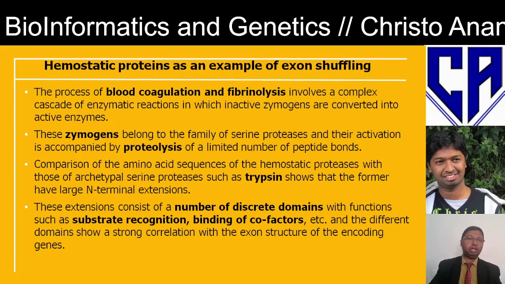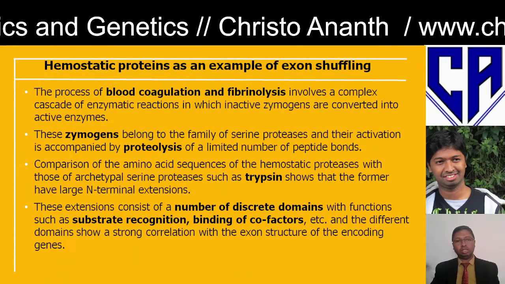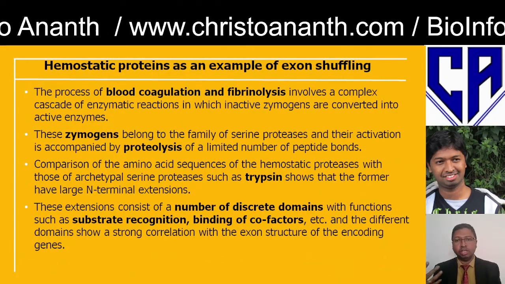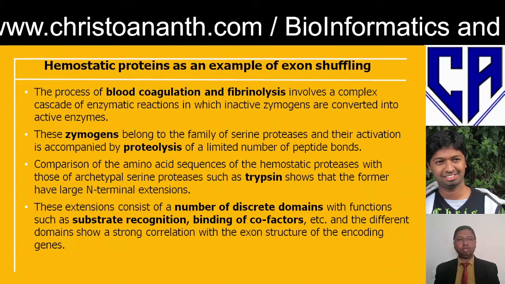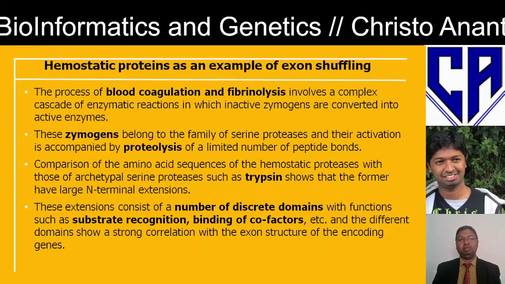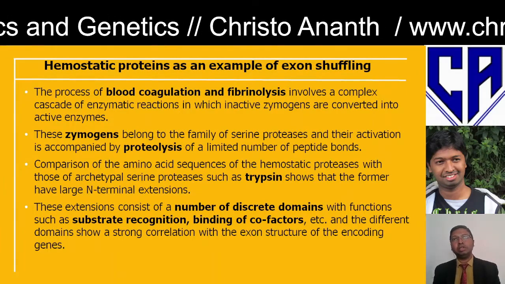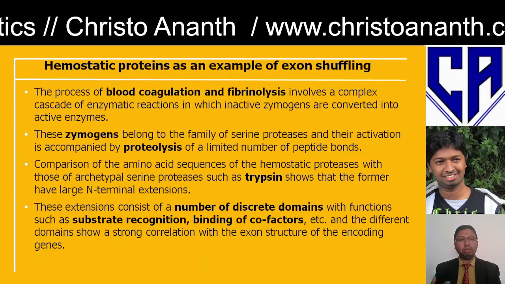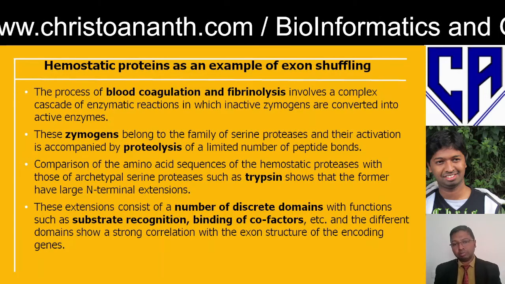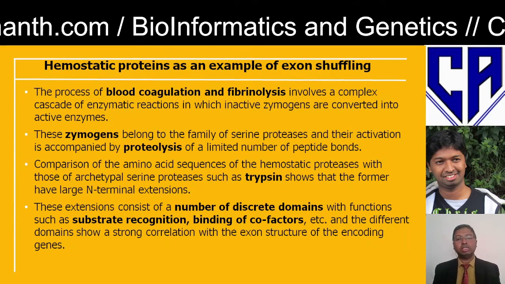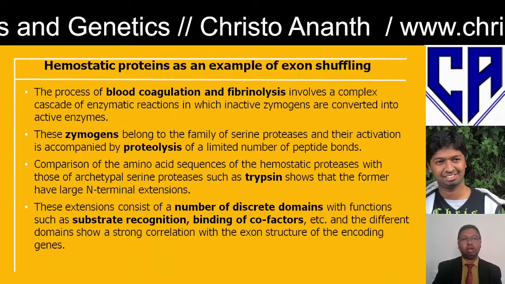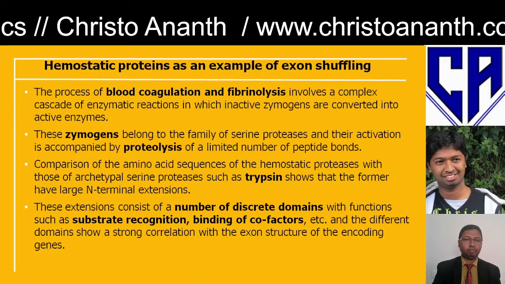And when you compare these amino acid sequences with archetypal serine proteases, for example trypsin, you will see that these sequences have large N-terminal extensions. These extensions contain different numbers of discrete domains with functions such as substrate recognition and binding of cofactors. So definitely there is a very strong correlation with the exon structure. That's where you get exon shuffling out of these hemostatic proteins.